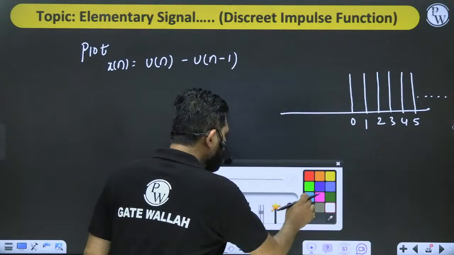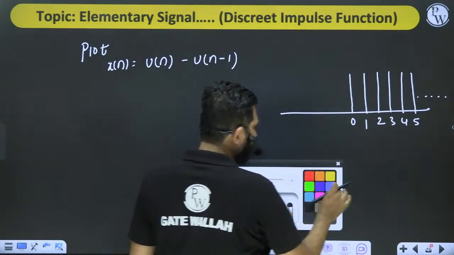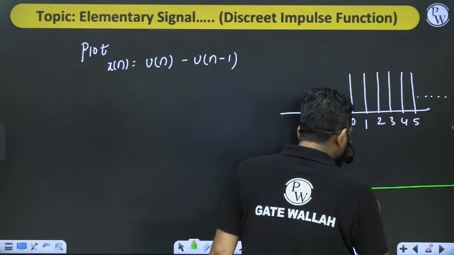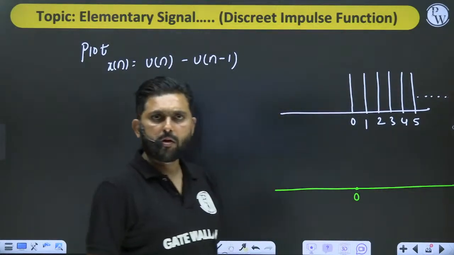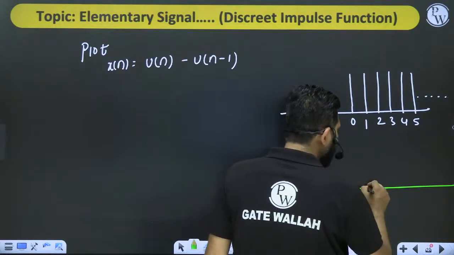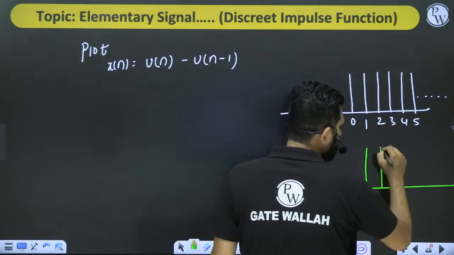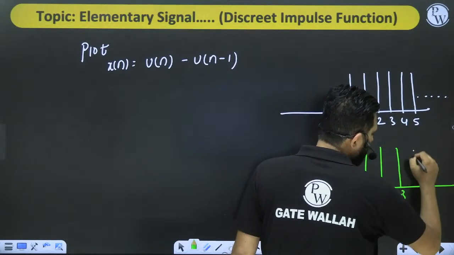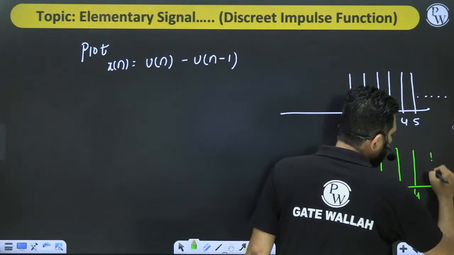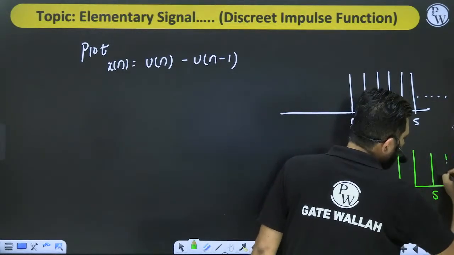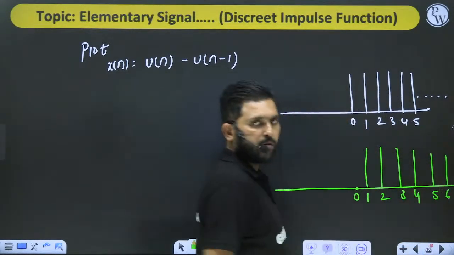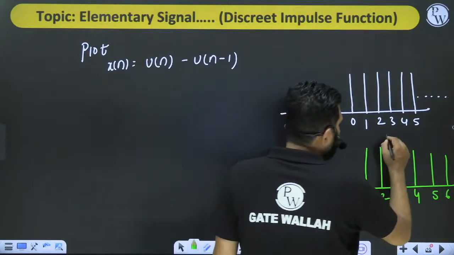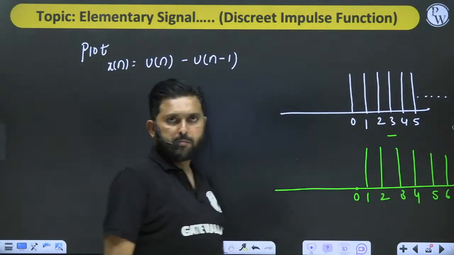But what is u[n minus 1]? See, u[n minus 1] is a function which is not present at 0, which is shifted by 1. So it exists at 1, 2, 3, 4, 5, 6, and so on. Now what I am doing is subtracting both these functions.